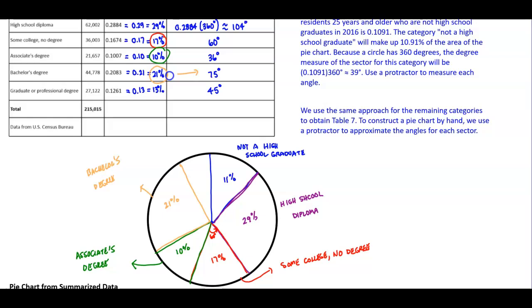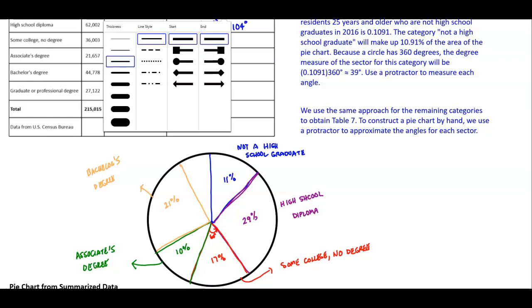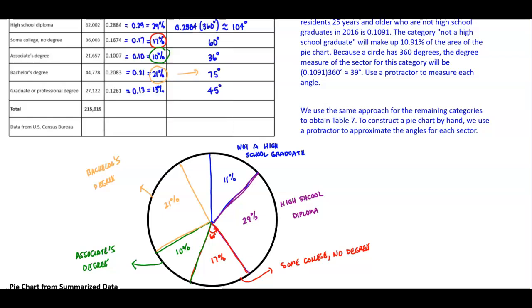Okay, and then our last one is going to be the graduate or professional degree, which represents 13%, which is a 45-degree angle. So we have a 45-degree angle, which should be bigger than the blue one. So I have to make sure that represents 45 degrees, which is 13%. So that should be larger than this one here.